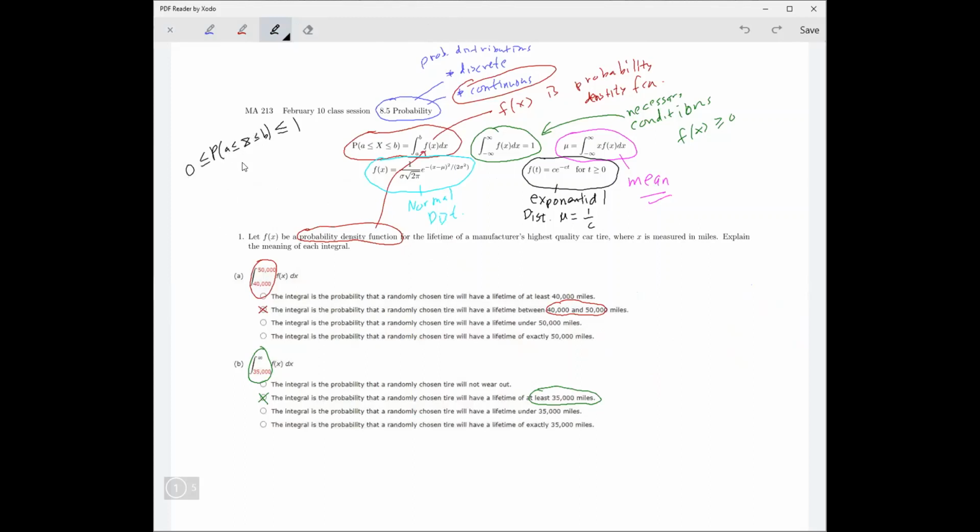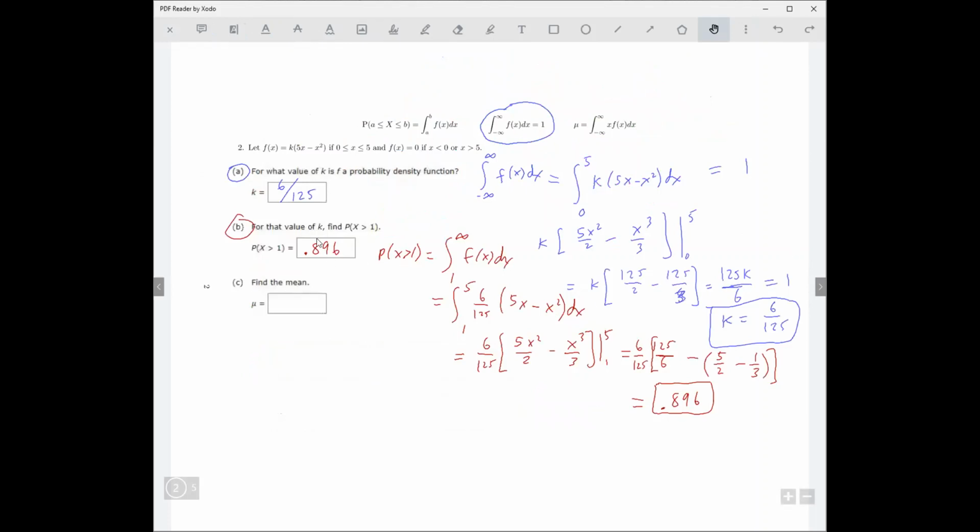The probability that it's going to happen, you can't have anything more than 1 and anything less than 0. You can't have more than a 100% chance of something happening, or less than a 0% chance of it happening. So that's another condition. If you're doing these problems and you ever get a probability answer that's not between 0 and 1, then the answer is just wrong.